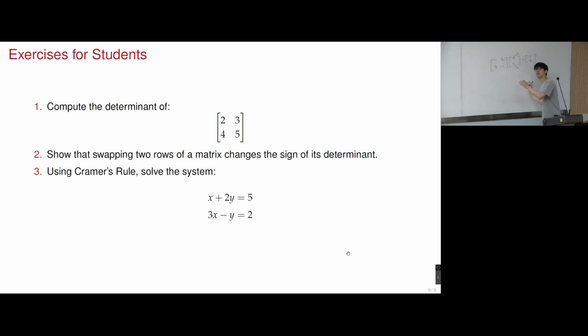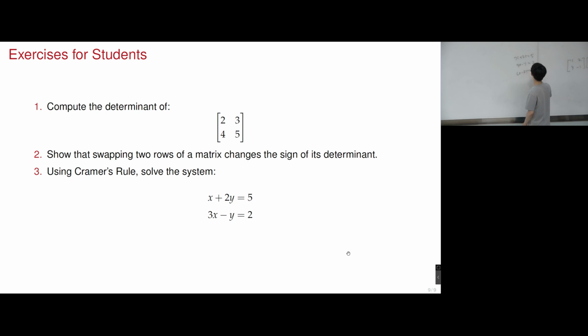But before we do it using Cramer's rule, let's first solve the equations by hand to see that our results are going to be the same as the results we get from Cramer's rule. If you solve this by hand, you can easily see that it's x plus 2y equals 5, and 3x minus y equals 2.